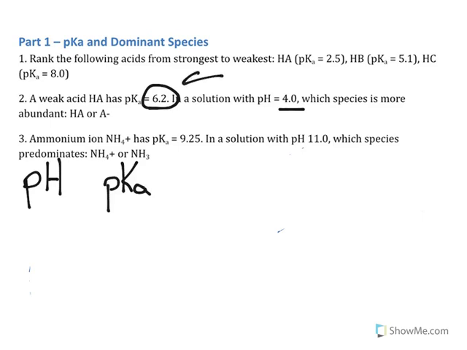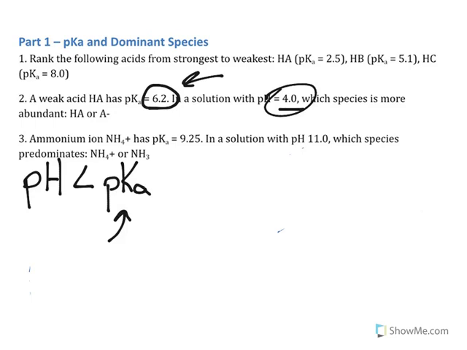So ordinarily, this pKa is representing the balance of the HA to the A minus concentration, the weak acid to its conjugate base concentration. But it's telling us that this solution already has a pH of 4.0. Well, since 4.0 is less than the pKa for this acid, that says to me this solution is more acidic than it would ordinarily be with this 6.2 pKa.